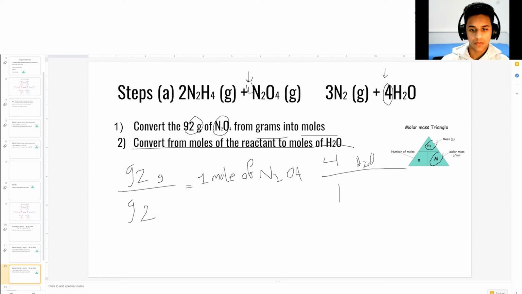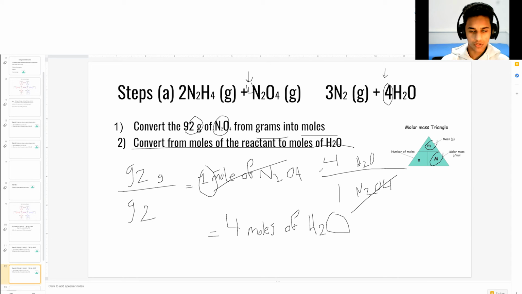So now we're gonna make 1 times 4 over 1, which will be 4. It will be 4 moles of H2O because we just converted it into H2O.